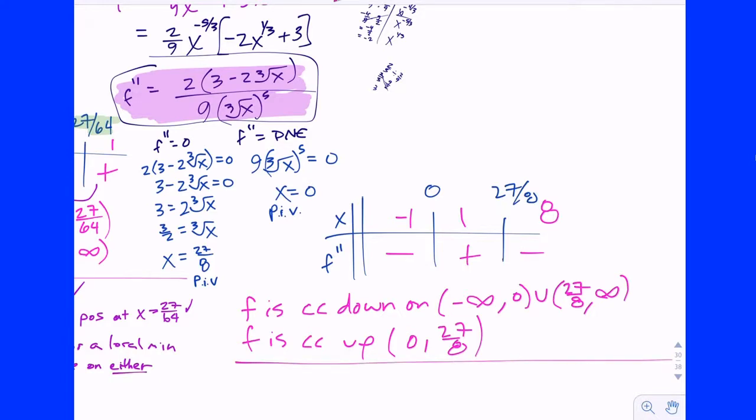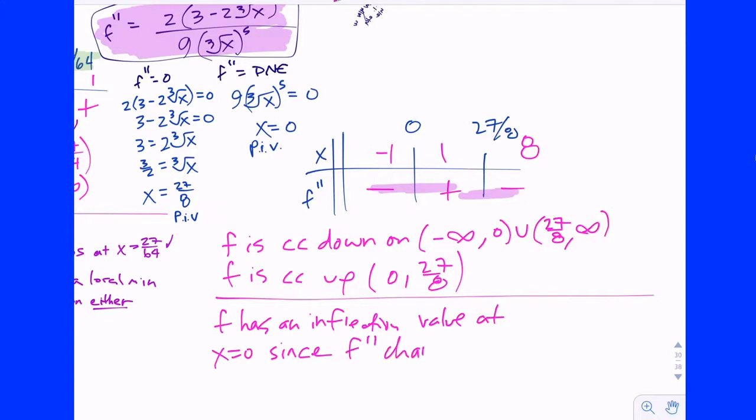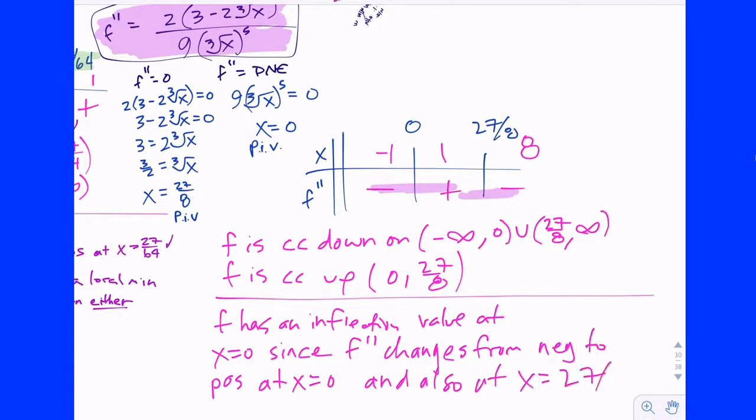Do we have any inflection values? Yes. There's a sign change at both, and notice they change for different reasons. So f has an inflection value at x equals 0, since f double prime changes from negative to positive at x equals 0, and also at x equals 27/8.